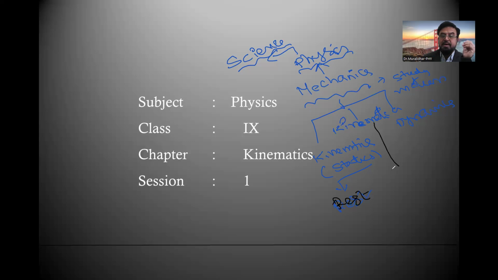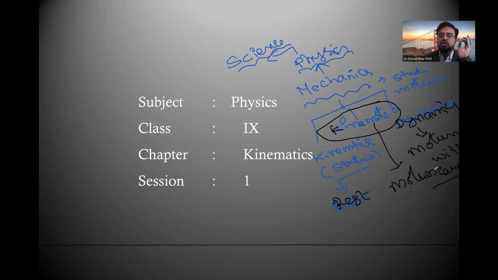Such rest you can study under statics. Kinematics is study about the motion of a body without the cause. We are not discussing how it is moving. Whereas dynamics is the third part, nothing but motion with cause. Means why it is moving, that also we learn. So today our topic is kinematics, that is study about the motion of the body without the cause of motion.